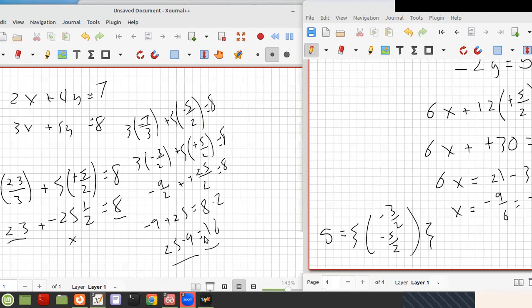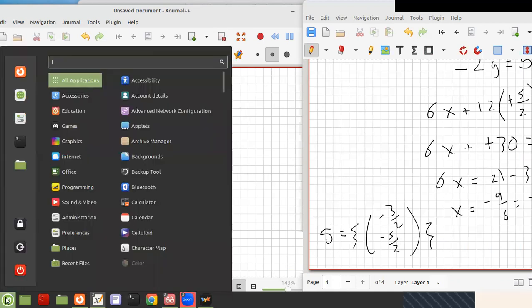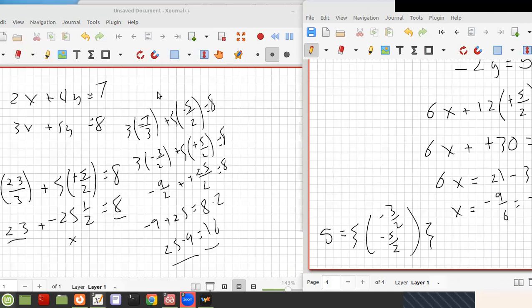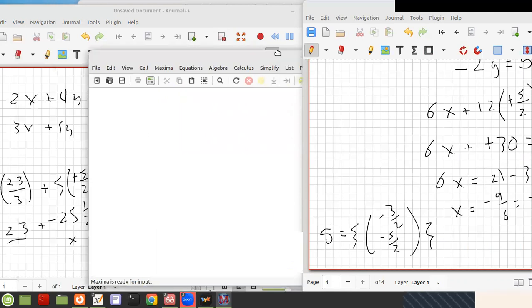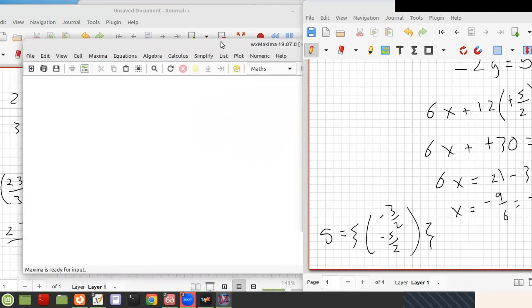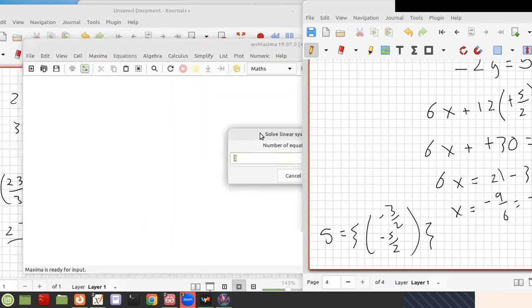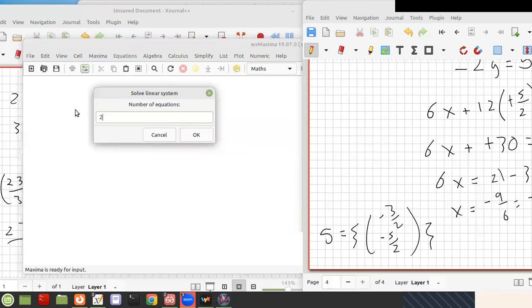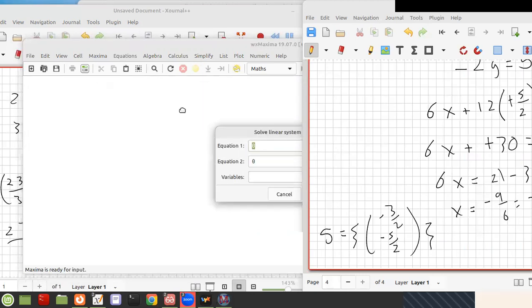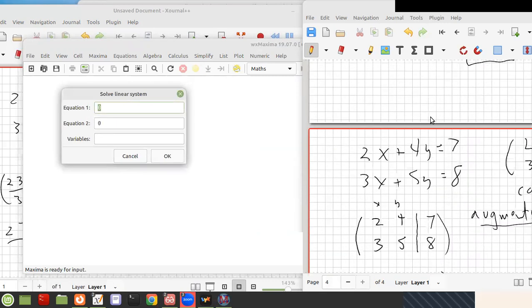Okay, so we only have 2 minutes left. Let me show you, there's a program on VeriVirtual that you have available, and you can also install it locally, in which you can say, solve linear system, and you can have, say, 2 equations. We can put in 2 star x plus 4 star y equals 7.